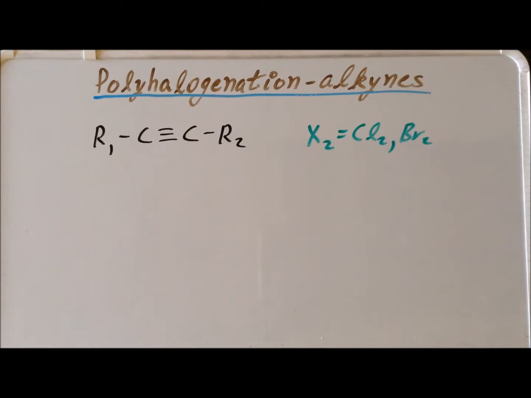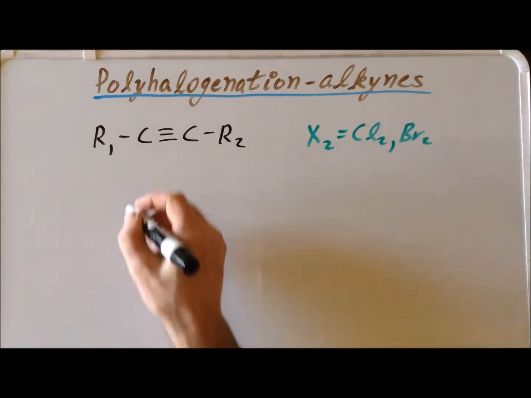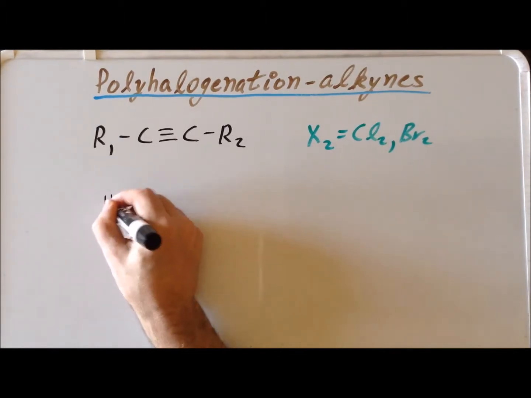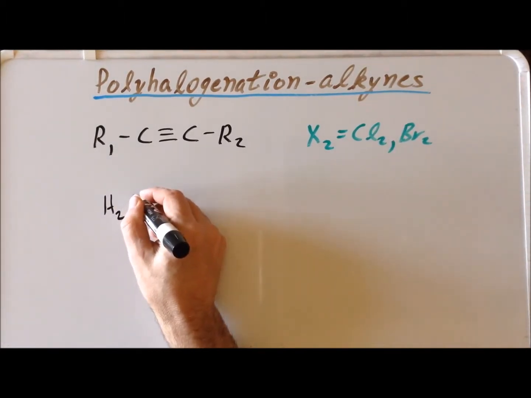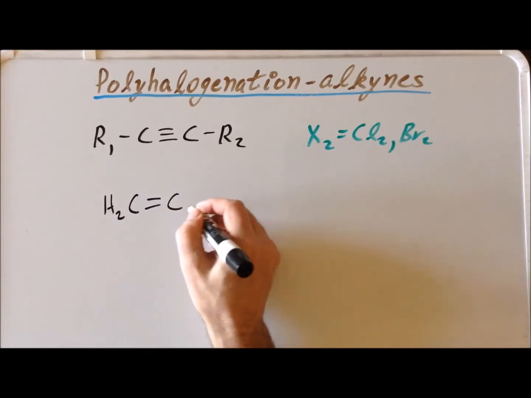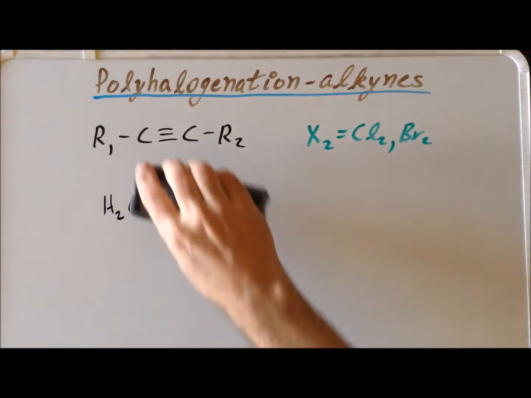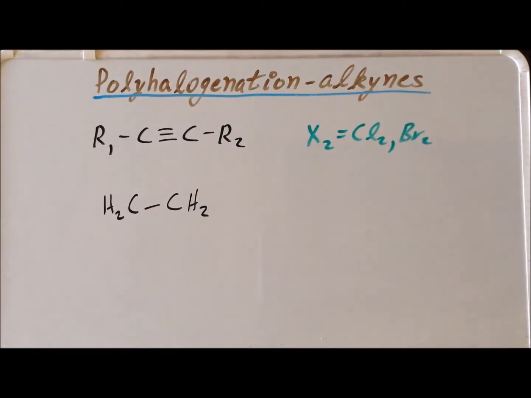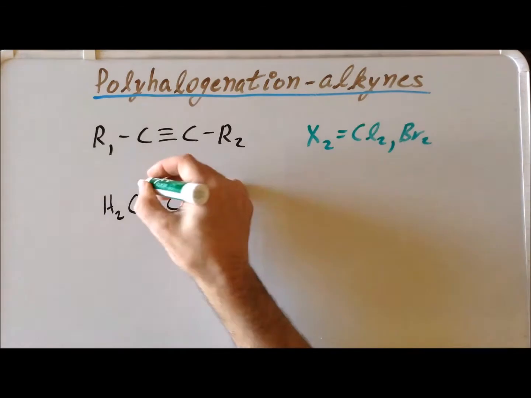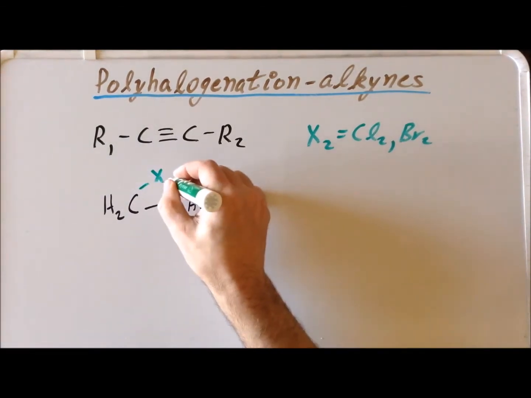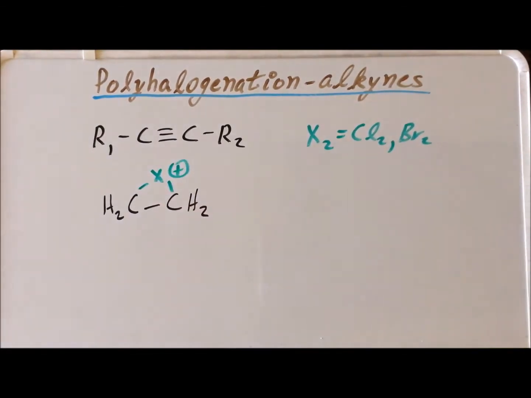Let us recall what happens when halogens react with an alkene, when we have a carbon-carbon double bond. So let's use as our example the simplest of the alkenes, ethylene. And recall that when it reacts with a halogen, a key intermediate is the formation of a cyclic halogen ion.